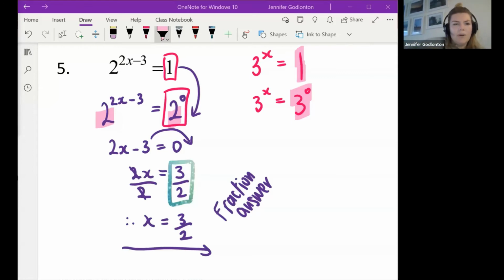Ma'am, Unati, how can I help? I wanted to ask, when are we going to start doing these types of questions with decimals? With decimals? Yes, ma'am. We don't really do equations with decimals normally. Are you getting given those at school? Yes, ma'am. For example, 0.4 to the power of x equals 0.064.